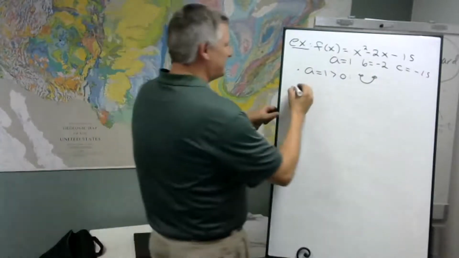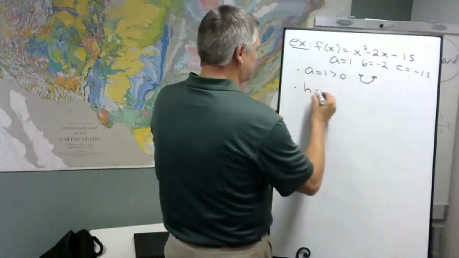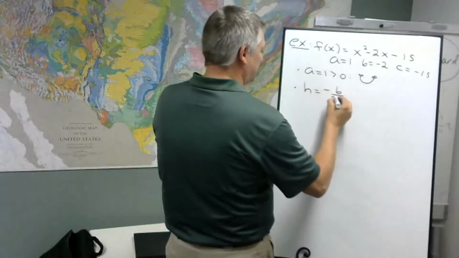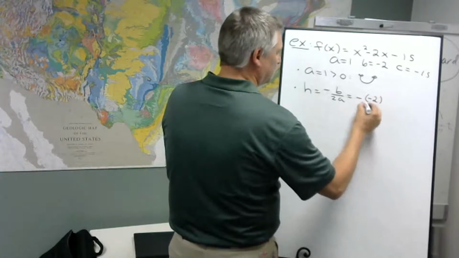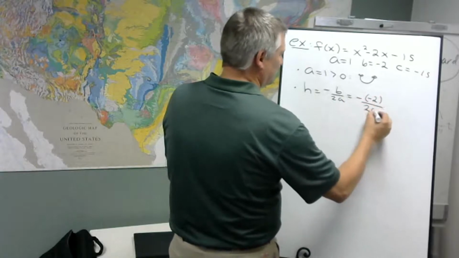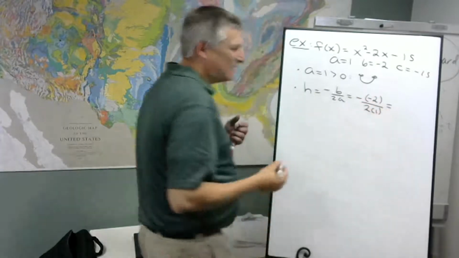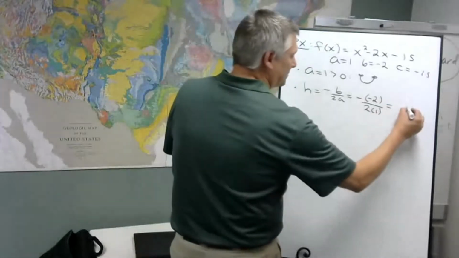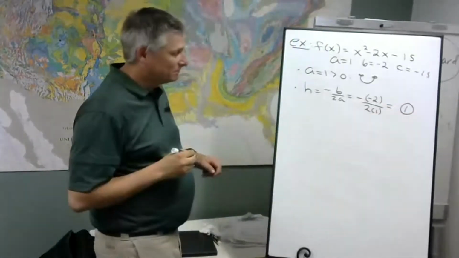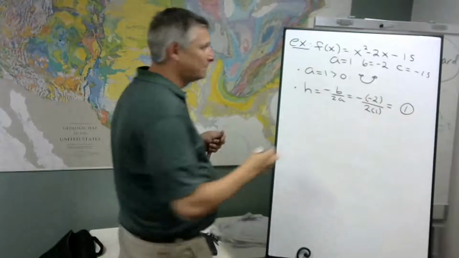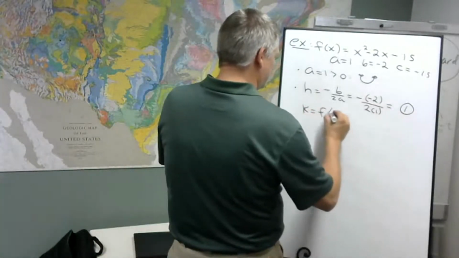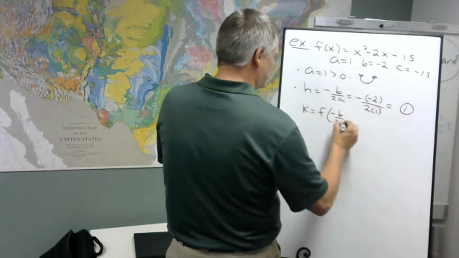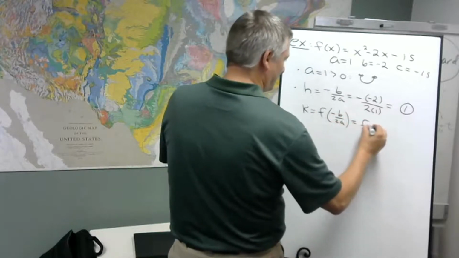Now, for the vertex, H, negative B over 2A, or negative negative 2 over 2 times 1. And we've kind of seen this one play out already. This will come out to just be 1. So f of 1, that's going to be k, or f of negative b over 2a.